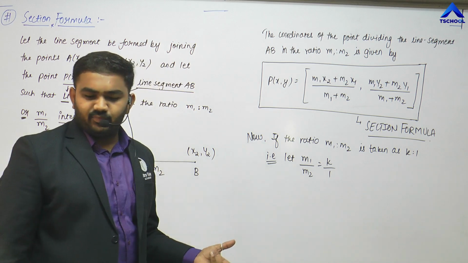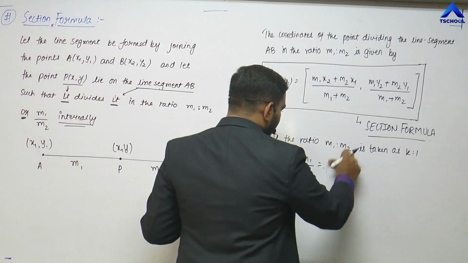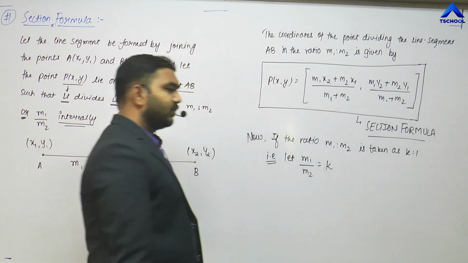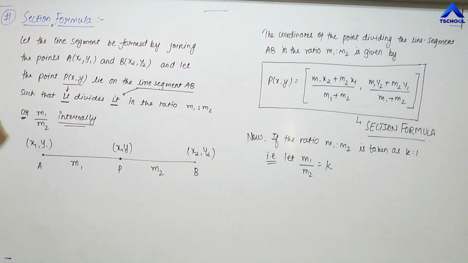And what is k upon 1? Only k. So do you mind if I write down here only k? Is it clear? So we need to modify that formula here.